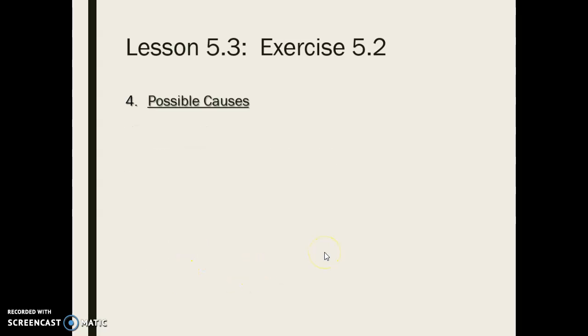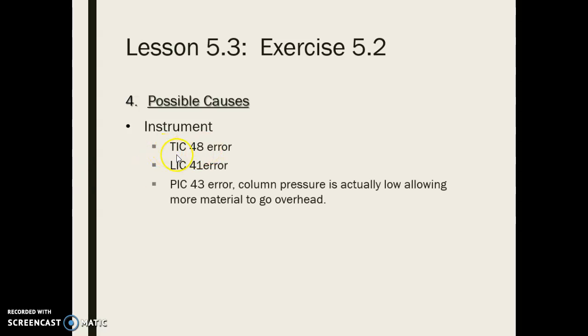Let's investigate. All right, let's think about some possible causes. Instrument side: this is one that I wasn't really exactly thinking of, and I was trying to figure it out, but it's a really good solution. When I see it, I think it makes the most sense, and we'll get to it. But I did come up with all of these possible causes. You could have an error in the temperature controller, because if the level is the same but the output's different, that might be just an algorithm error.